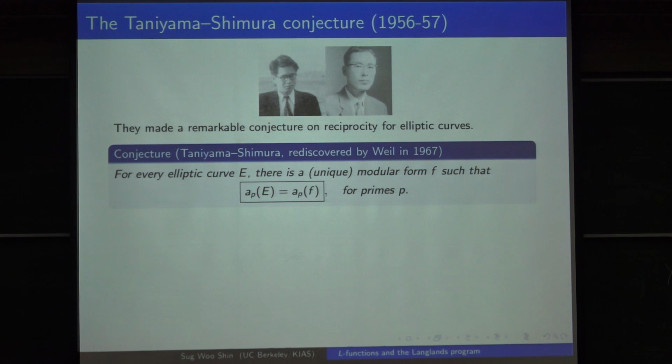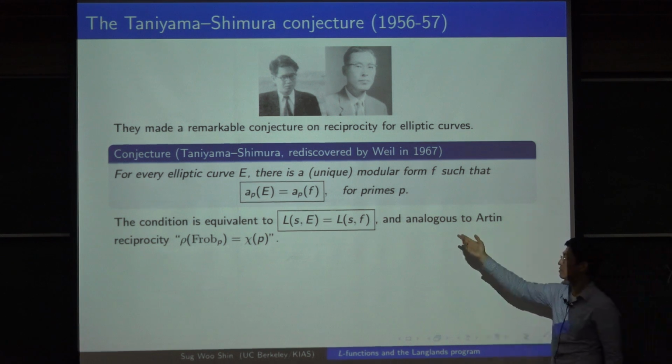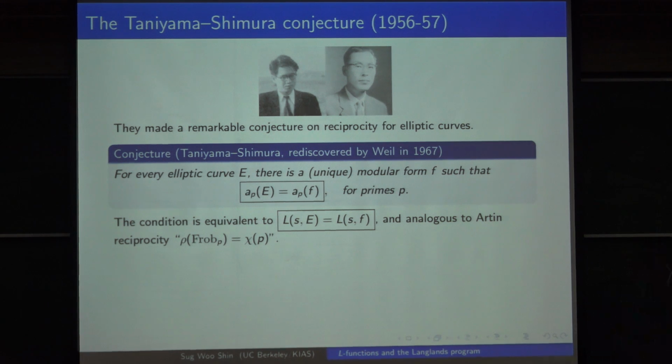Basically this type of question has been settled pretty soon after this conjecture, maybe just a few years later, by Eichler and Shimura. So really, the main conjecture is this direction. And as I said, it can be rephrased as the equality. Well, clearly this implies that, and to go backward, you probably need some more work, but never mind.